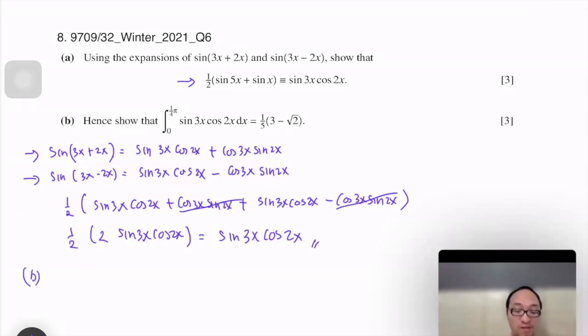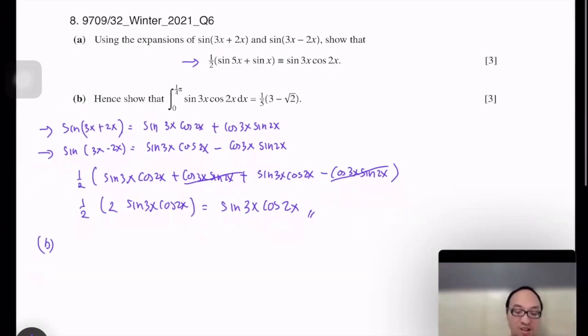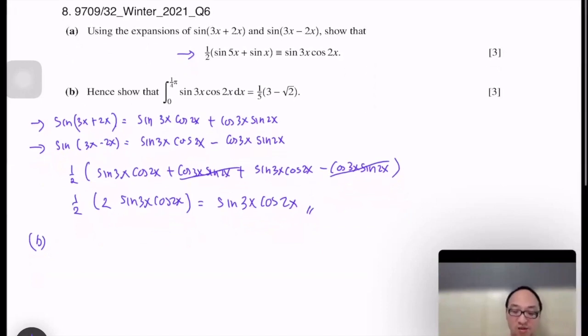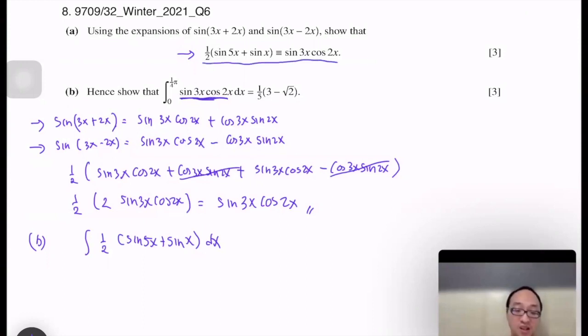B. Hence, show that the integral of sine 3x cos 2x is the integral of half sine 5x plus sine x dx. Yeah, we can change the form of this using our answer in number 8a.